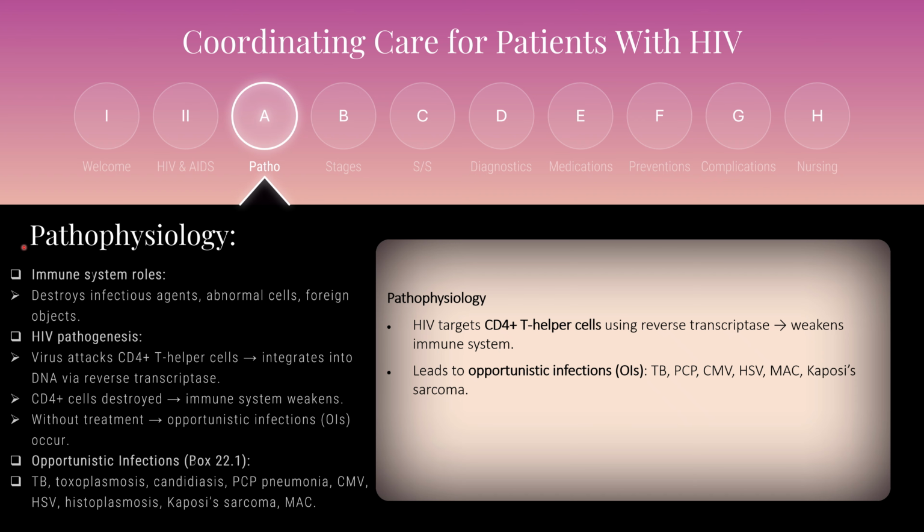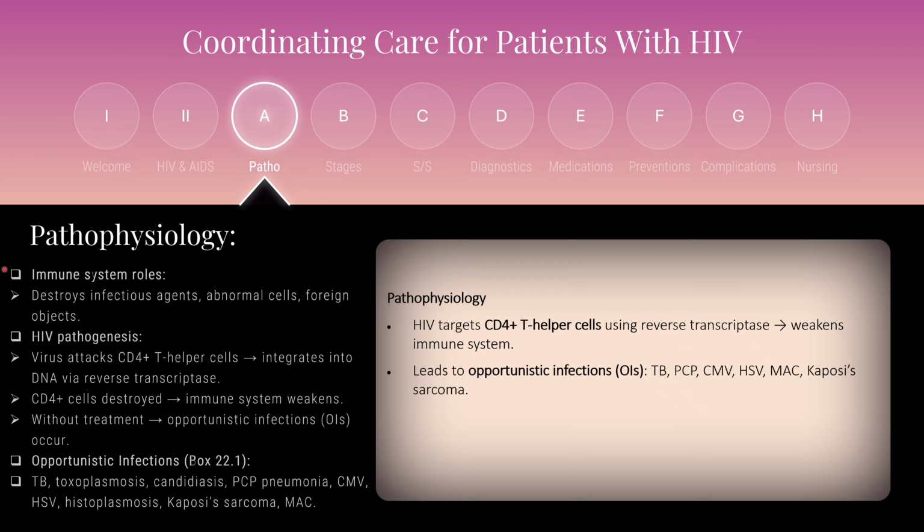We are in pathophysiology. We know that HIV targets the CD4 plus cells, the T helper lymphocytes, leading to a gradual loss of immune defense.